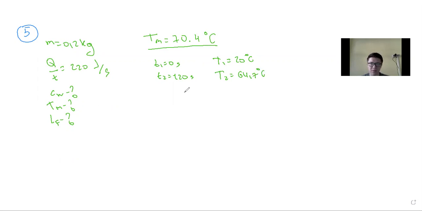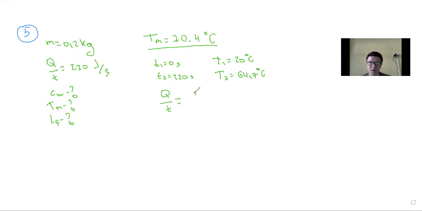That's everything given. How will we find it? We will find it by this power, Q over t equals, Q is the energy which was used while heating this wax around all this 120 seconds. It will be T2 minus T1.